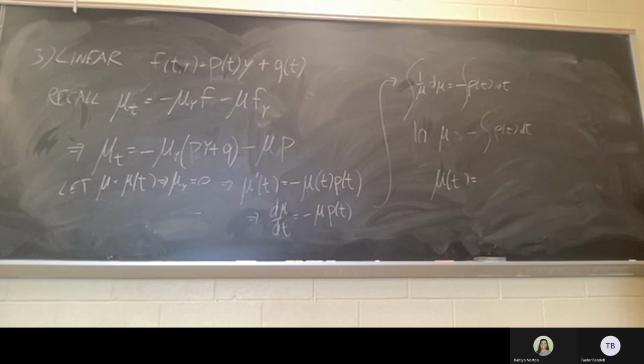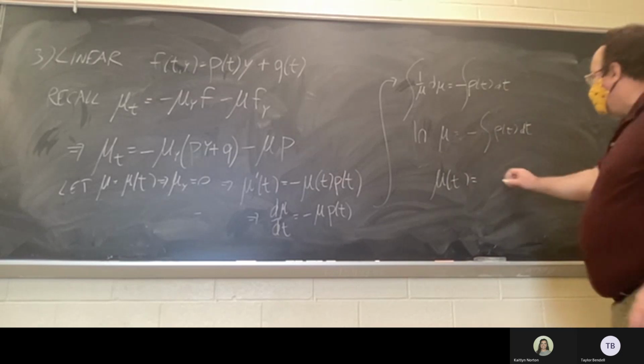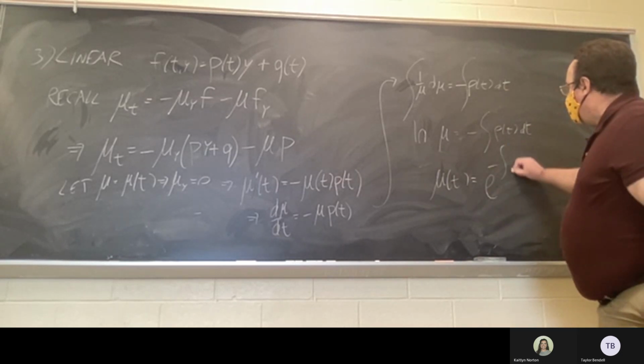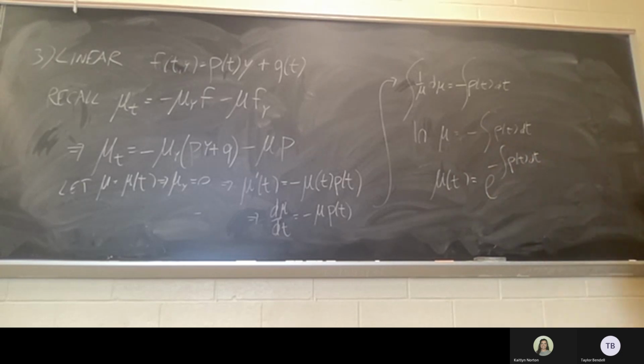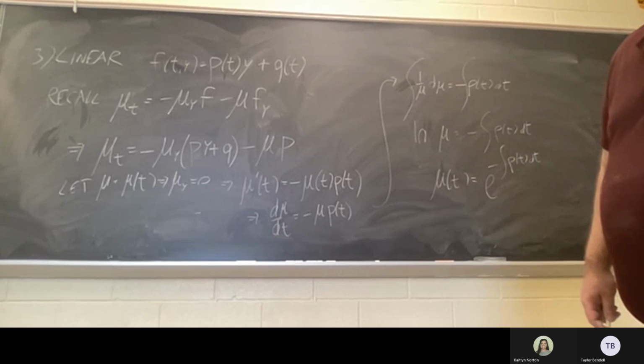The exponential of this, e to the minus integral of p of t dt. So that is our magical integrating factor that makes it possible to solve the ODE.